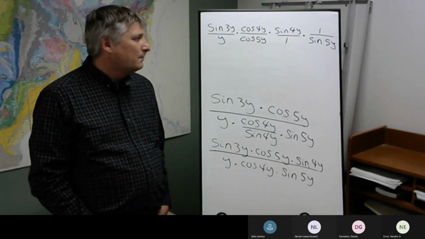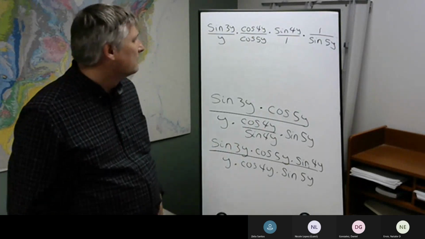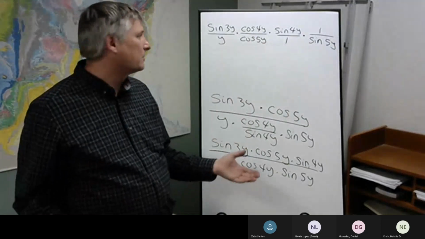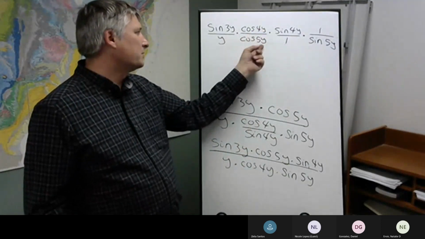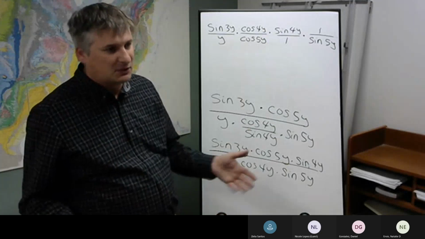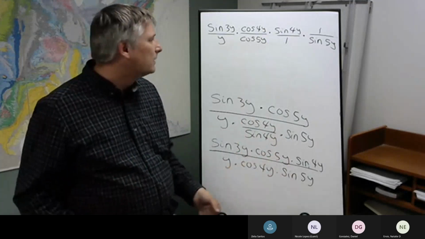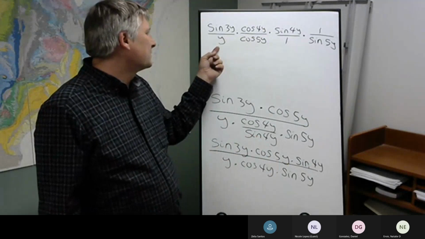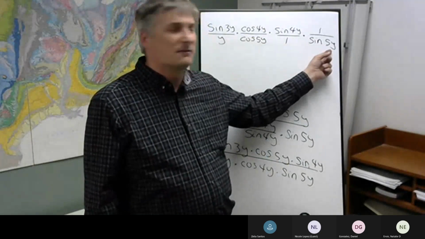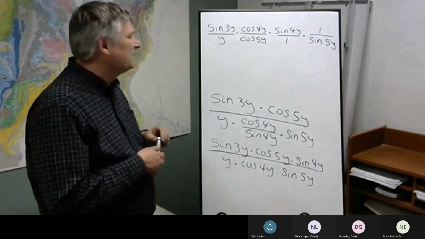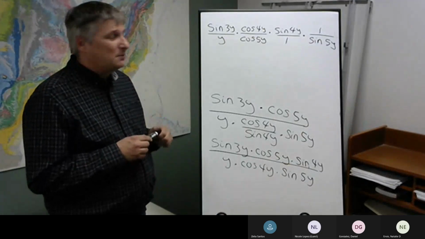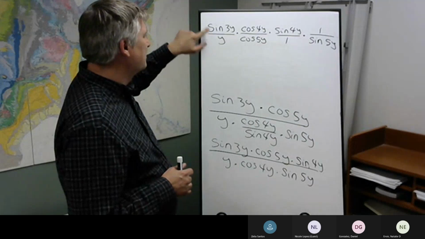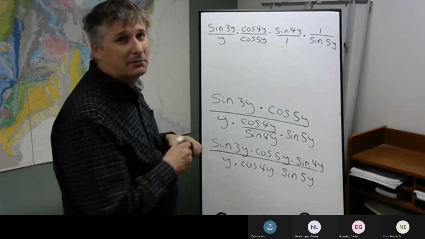Now, the problematic terms here are my sines. My cosines, again, if I let y be 0, cosine of 0 is 1, cosine of 0 is 1, 5 times 0 is 0, 4 times 0 is 0. So 1 over 1 is just 1. That's not a problem. But here I've got a division by 0, and here I've got a division by 0. So what we're going to do is this. I'm going to put a 3 here and a 3 here. Multiply top and bottom by 3.